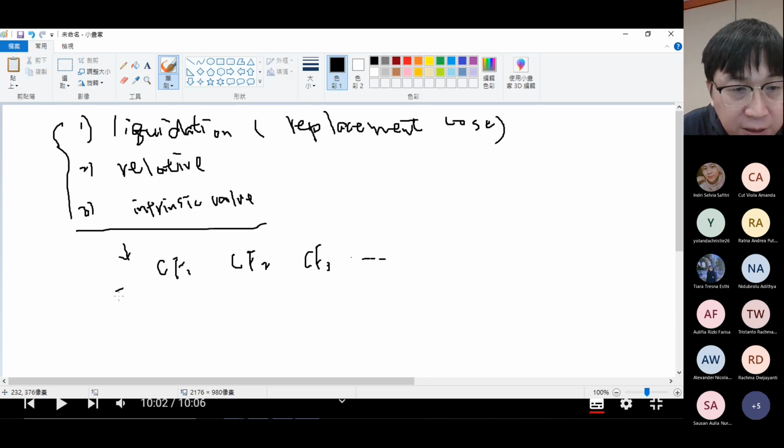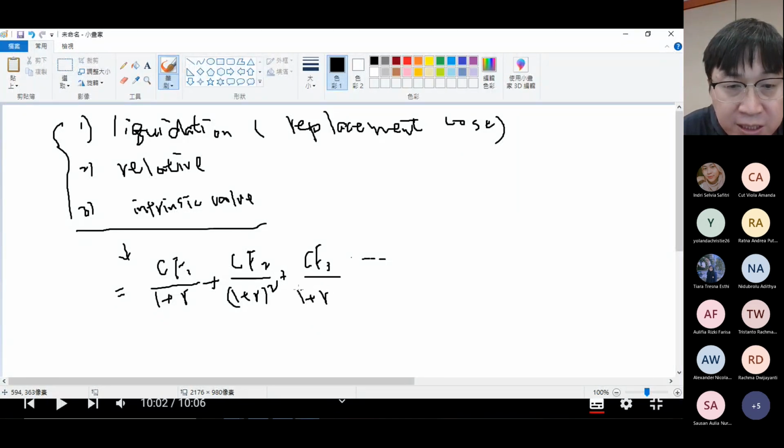And we know here the discount, used R. R is your discount rate. So 1 plus the discount rate, then 1 plus the discount rate squared. So here, discount rate.